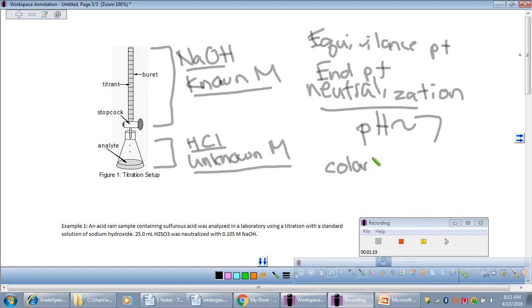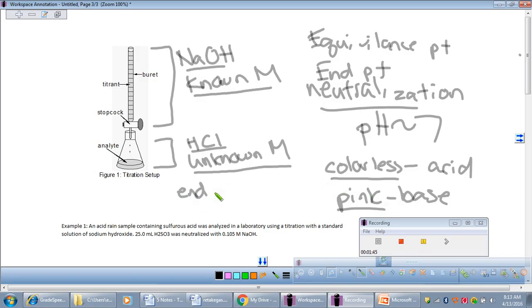It is colorless in acid and pink in base, meaning that if you had only acid, which you do at the beginning, it's going to be a colorless solution. If you added a lot of base and went past the pH of 7 to a higher pH, it'll turn bright pink. So what we want is in the middle.